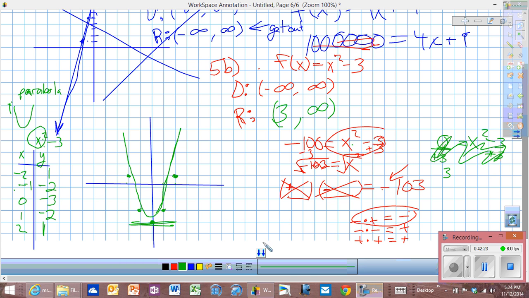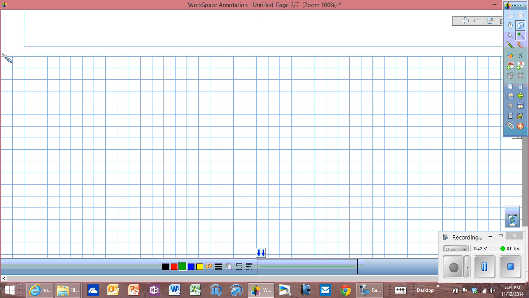I'm going to give you guys just a few things to remember domain and range by. If it's linear, it's going to look like y equals mx plus b. Remember, I could exchange this y for f of x, all the same thing. f of x just means I'm using function notation.